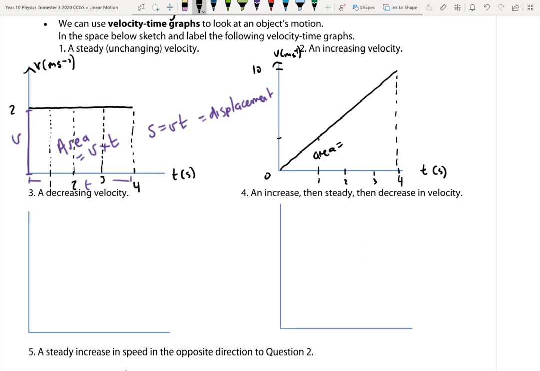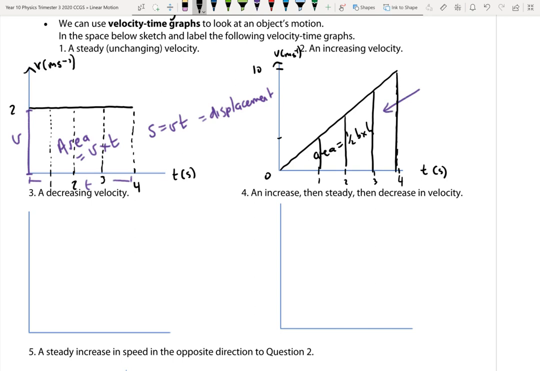Not Pythagoras, area of triangle. Half base times height. So in this case, every second they're travelling further. If we looked at the blocks, each subsequent column that I'm drawing here is getting larger and larger and larger.